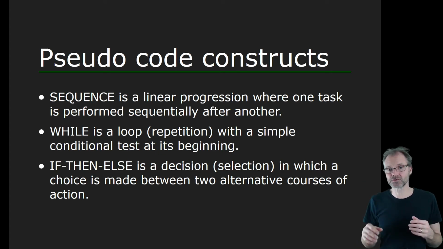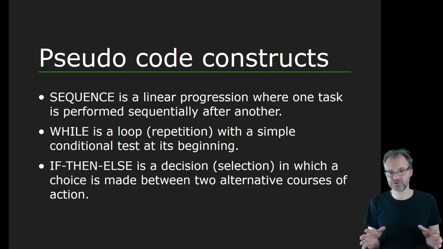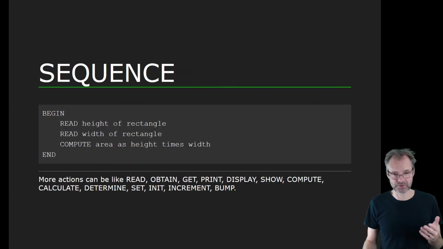A while loop, so repetition, with a simple conditional test at the beginning, so do this until this happens. If then else is a decision selection, so the choice is made between two or many courses of action. So we can go a long way by doing this.